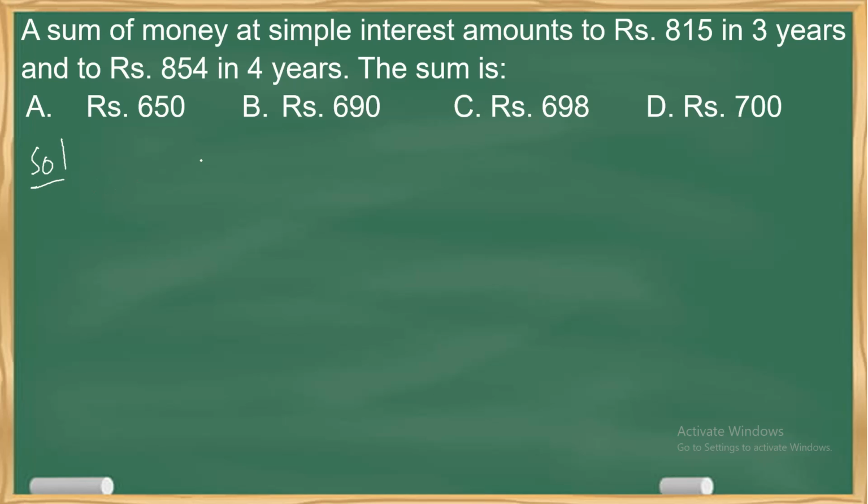As I told you, you remember, I think. Amount means principal amount plus simple interest or compound interest, anything is fine. So in how many years is it becoming 815? That means P plus 3 years SI is equal to 815 rupees.